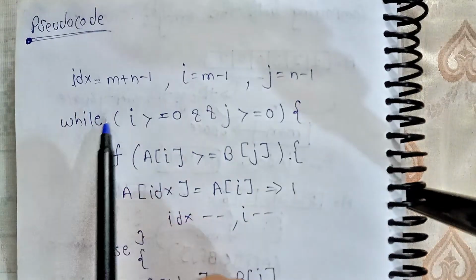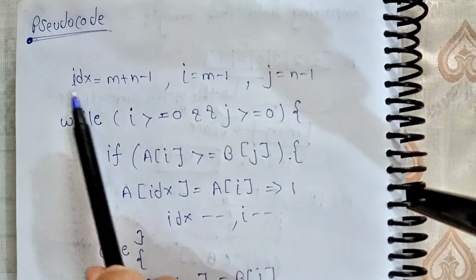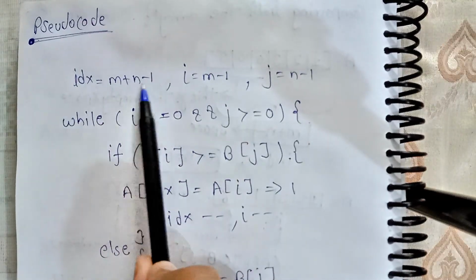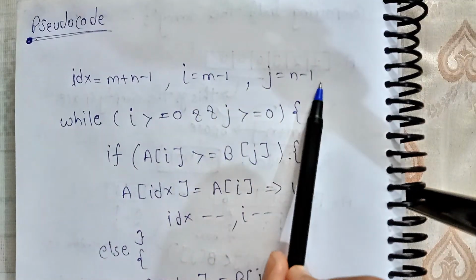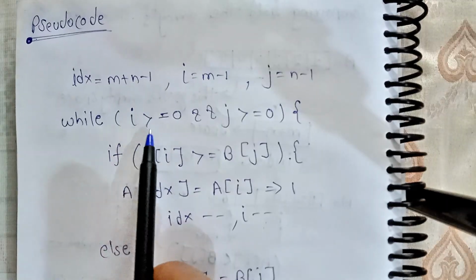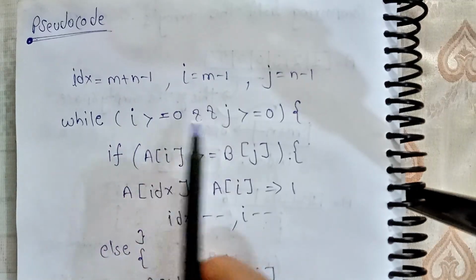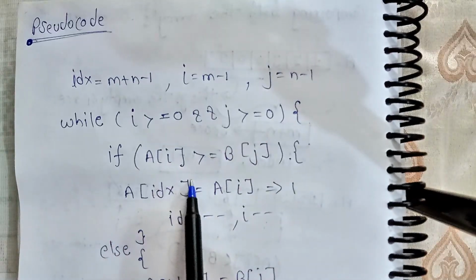Talking about the pseudocode, we have 3 pointers: index, i and j. The index is given as m plus n minus 1, i is given as m minus 1, and j is given as n minus 1. Here we will use a while loop. We check the condition: if i is greater than or equal to 0 and j is greater than or equal to 0, only then we enter this loop.